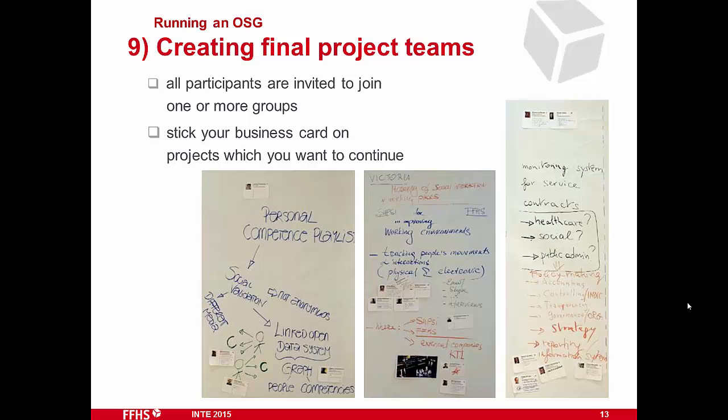They can also remove their card if they don't want to work any longer on this idea. At the end, you have project ideas with people who share interest in this project and people who want to continue this project at a later time.